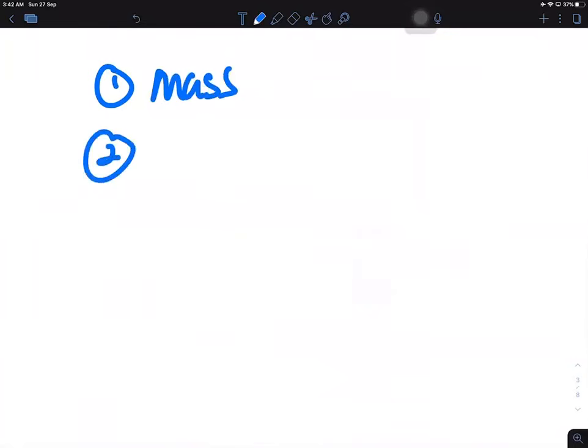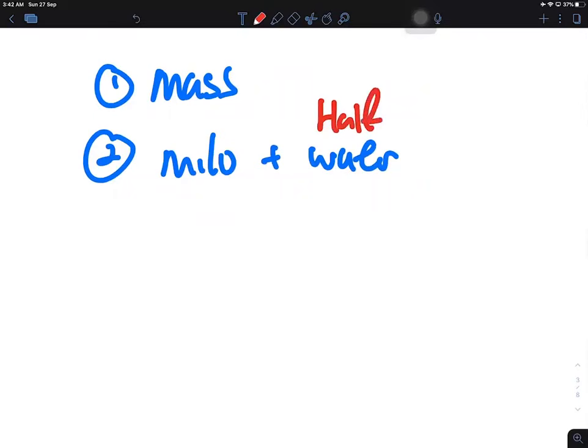So remember, first thing, mass of Milo is very important. After you got the mass, you just mix it with water. How much? It can be half of the total amount.